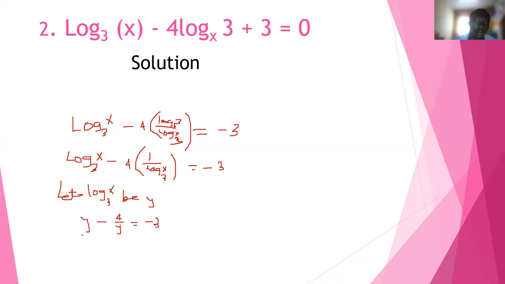So we can multiply both sides by the LCM, which is y. So y times y will have y squared, minus 4 over y times y will remain with 4, is equals to -3 times y, will have -3y.